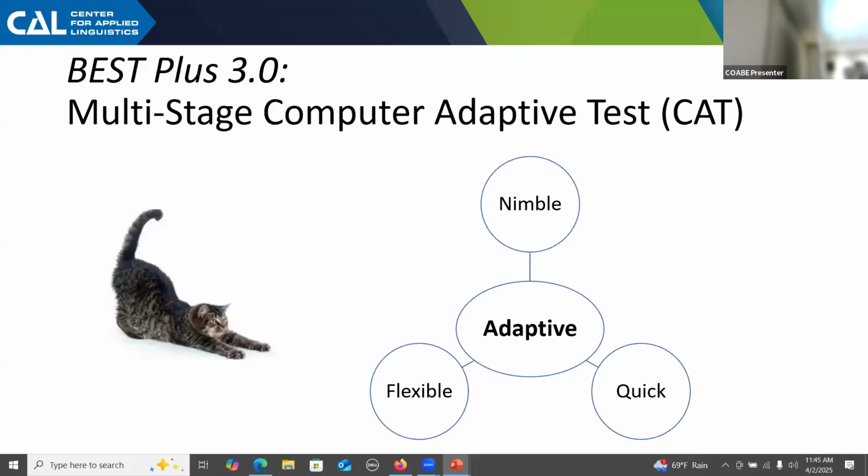So it feels natural. It feels more like a conversation than a testing experience. The test is designed in a way that it's not too long, it's not too short because it's different for every examinee. It doesn't feel oppressive to the examinee or the test administrator either.